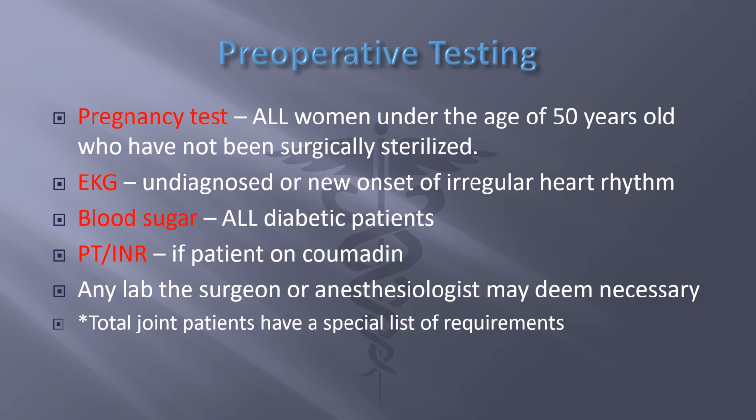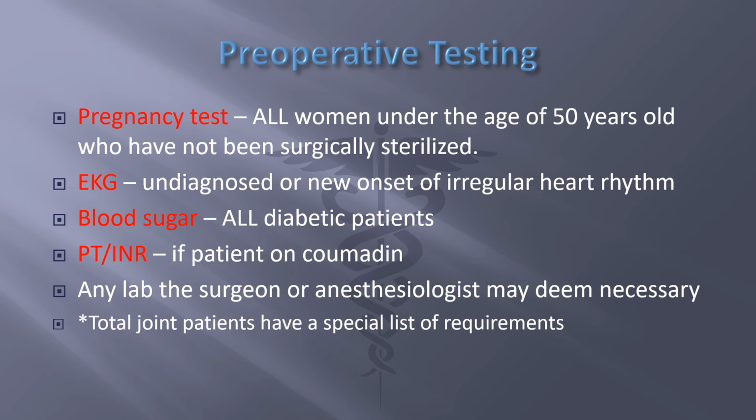Preoperative testing. Most surgeries do not require a lot of preoperative testing. At our facility, all women under the age of 50 years old must receive a pregnancy test unless they have been surgically sterilized. All of them have to have a pregnancy test.